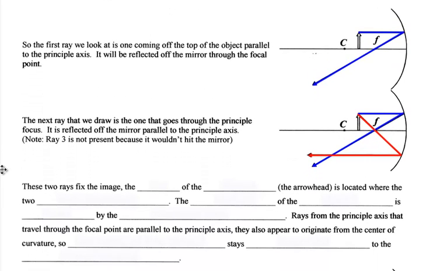Our next ray that we draw is one that goes through the principal focus. It's reflected off the mirror parallel to the principal axis. And so you have these 2 lines that are drawn. It says, note, ray 3 is not present because it would not hit the mirror.